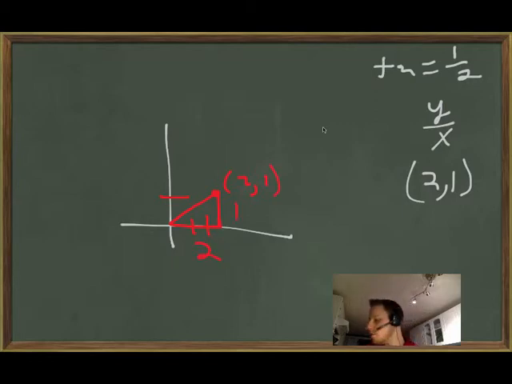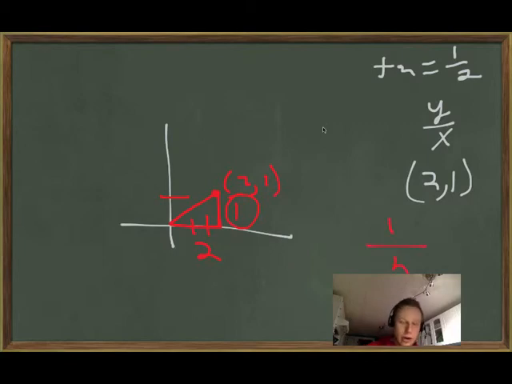Now we want to find sine. Sine is opposite over hypotenuse. We know the opposite is 1, so it's going to be 1 over our hypotenuse.